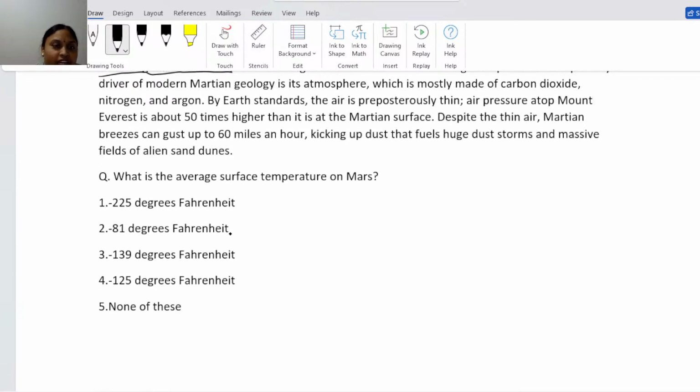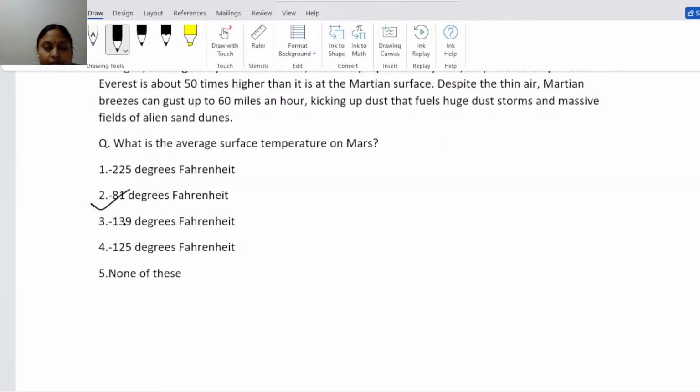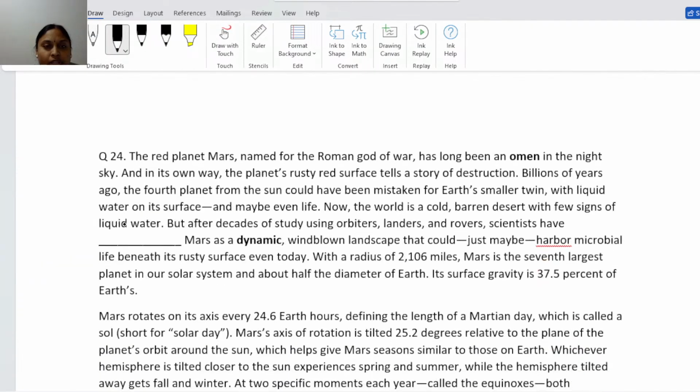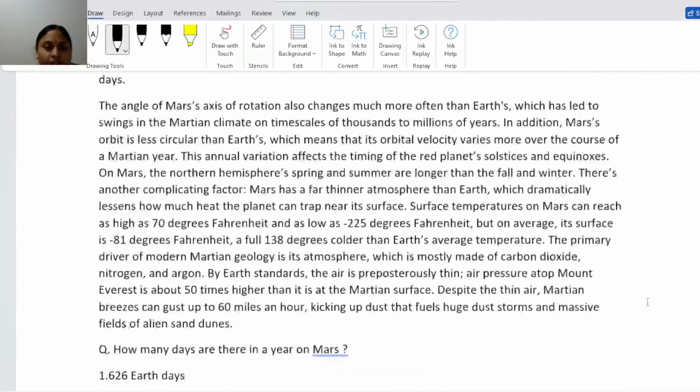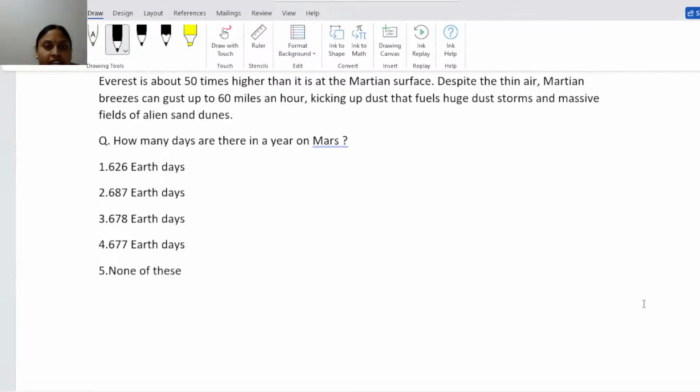So we can take that the average surface temperature on Mars is minus 81 degrees Fahrenheit. So now, we will go for the next question. The red planet, regarding the same planet. How many days are there in a year on Mars?